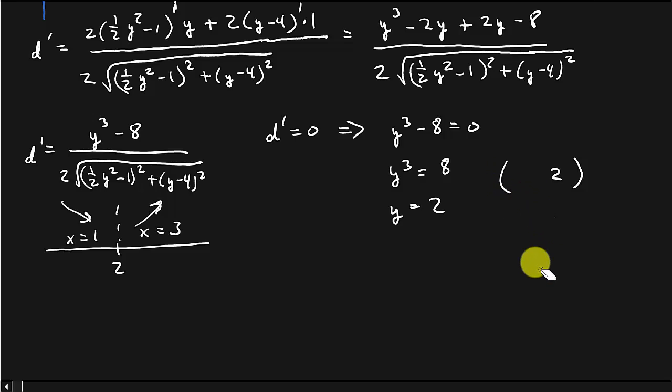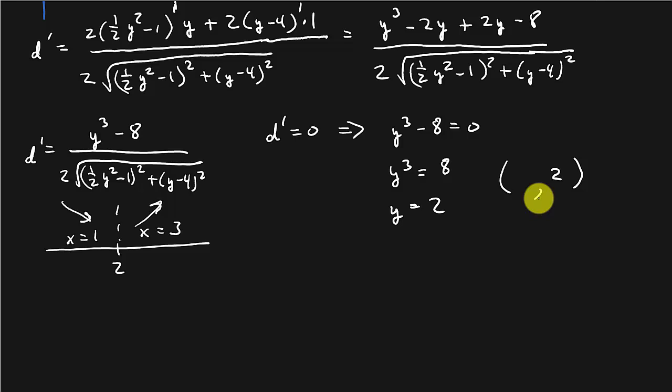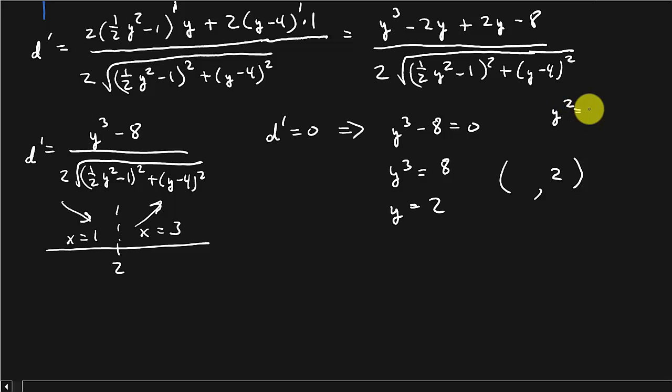Well, now we want what? We want the x coordinate of the point. Well, what was our function? Let's see. Our function was y squared equals 2x.